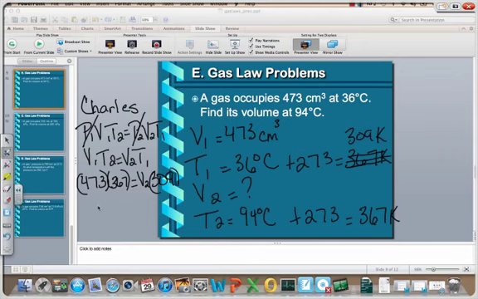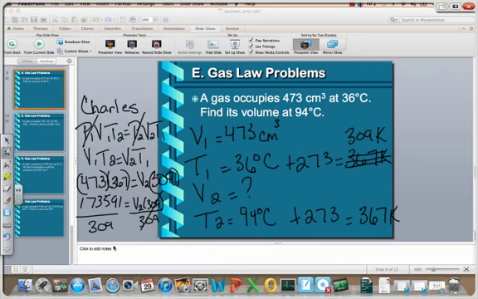The first thing you want to do is multiply out the 473 and the 367. You guys should have your calculator out and should be doing this too. That gives you 173,591 is equal to V2 times 309. Now to get V2 by itself, we're just going to divide by 309 on both sides.